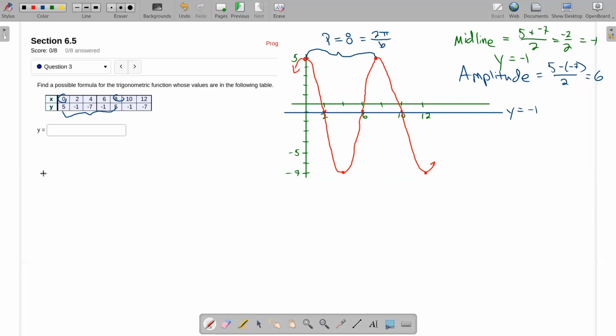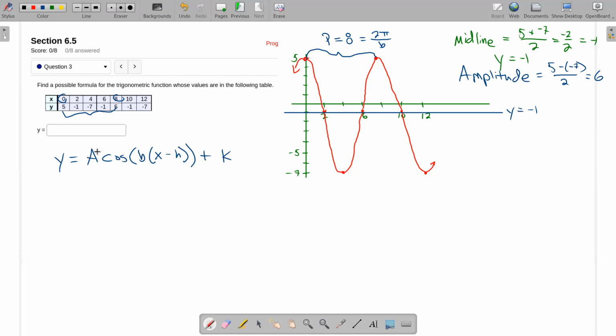So what I'm thinking about is our standard form for a trig function that's been translated. And I'm going to pick cosine because we start off here at the peak and so does the cosine. So I'm looking for an expression like y equals a times the cosine of b times (x minus h) plus k.